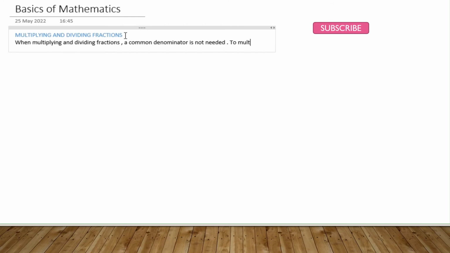To multiply, take the product of the numerators and the product of the denominators.